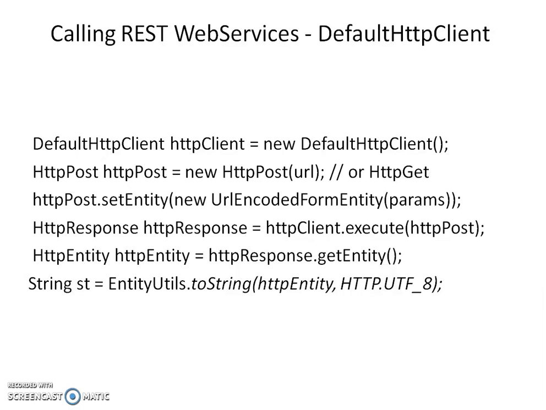Let us walk through first with the DefaultHttpClient here, and then we will go into details on HttpURLConnection. If you see the first line, here we are trying to create the object of the DefaultHttpClient. Then we create the URL and we post whatever we want to post to the server, or we want to use the GET method to the server.